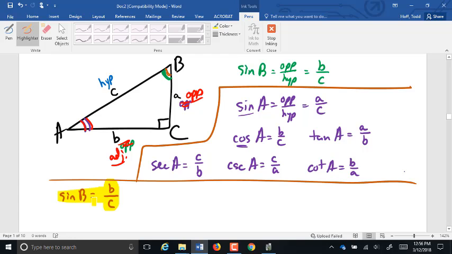Sine of B is equal to cosine of A. A and B are complements. The sine of one is equal to the cosine of the other. Why are A and B complements? Because if a triangle is 180 degrees and we already have a right angle here, those two, A and B, have to add up to 90 degrees. So then, what would the cosine of angle B have to equal?